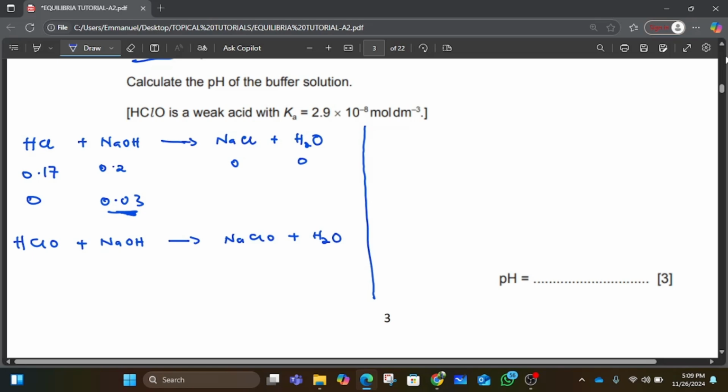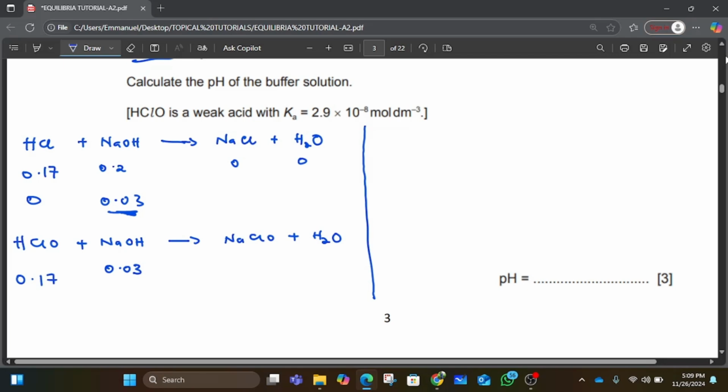Now, to form the buffer, the sodium hydroxide that was left after first reacting with the HCl is now reacting with the HClO. Remember, the buffer is actually formed between HClO and NaOH. So this is the amount of sodium hydroxide left after the reaction with HCl, and the amount of HClO is 0.17 mole as well.